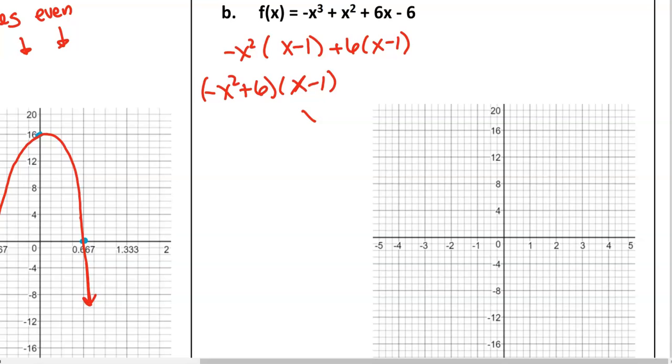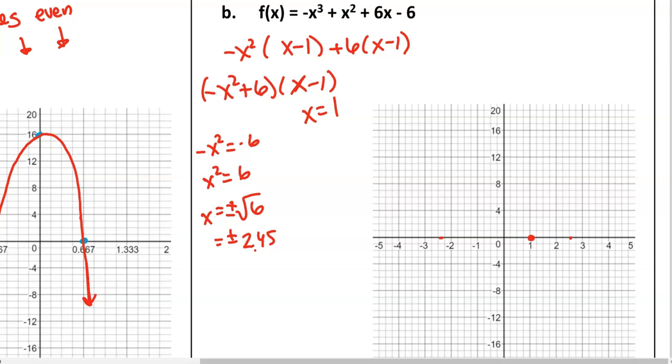So we know one of my zeros is going to be positive 1, right? Over here, if I subtract the 6, divide by negative 1, and then square root, it's positive and negative square root of 6, which is about positive and negative 2.45. So about right there.